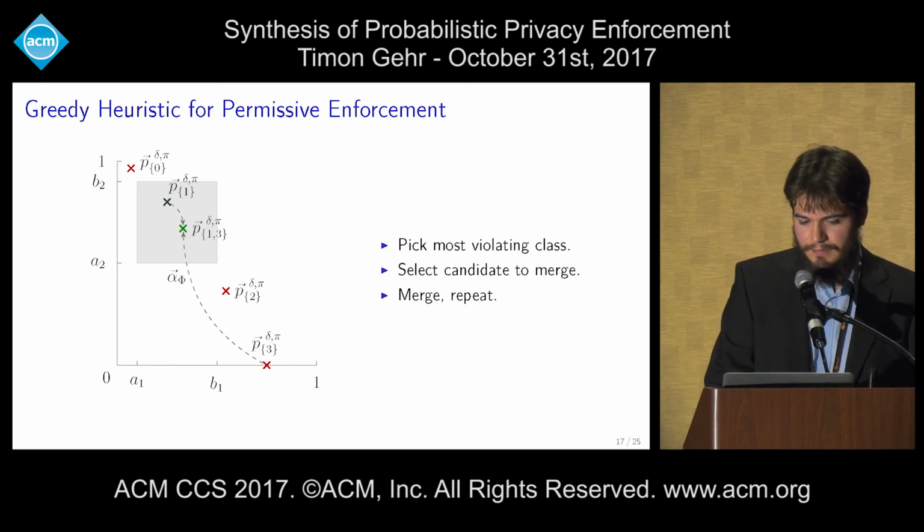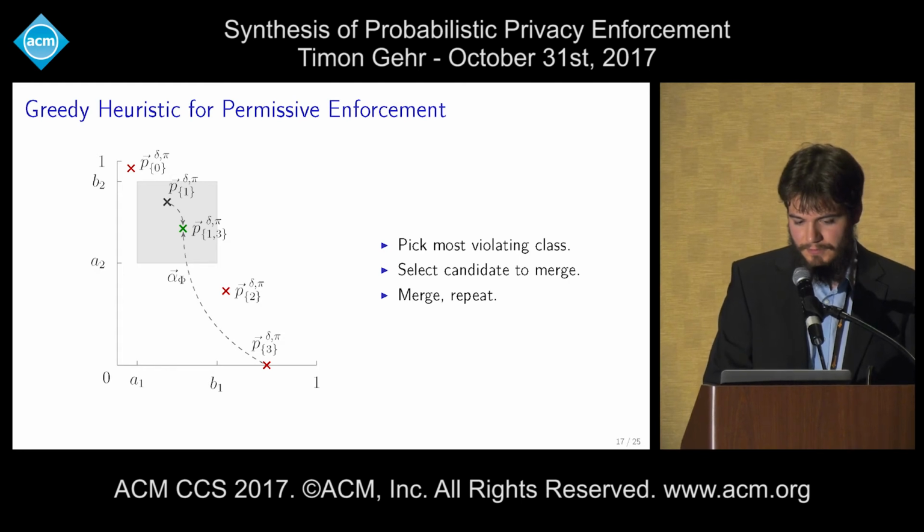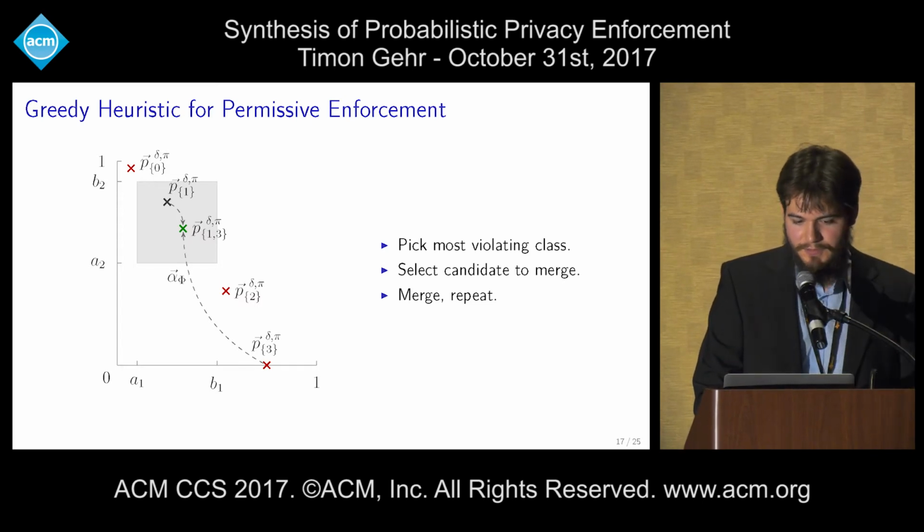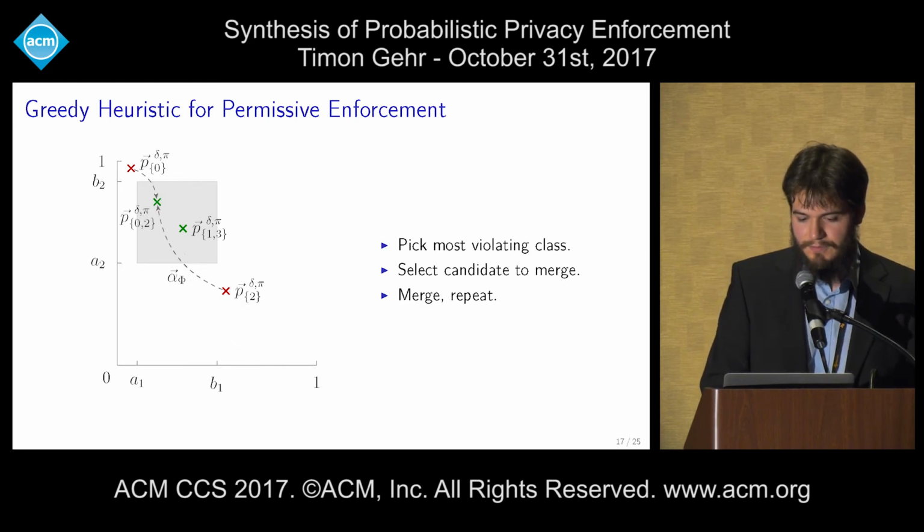At the beginning, we start with every output in its own equivalence class. So this is 0, 1, 2, 3. As you can see, outputting 1 is already fine. So Eve doesn't learn a lot of information if the output is 1. But for the other outputs, it's actually not good enough.